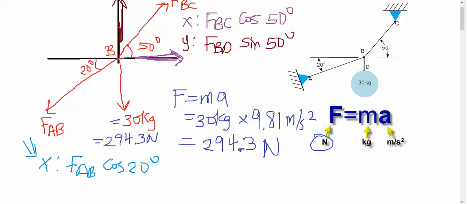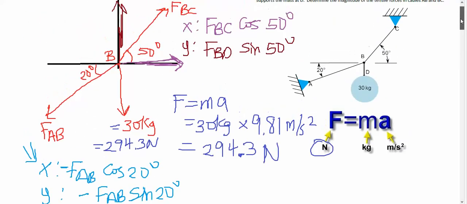But since this is going to the left, we have to add a negative right here. And also the y would be negative FAB sine of 20 degrees. Since this question is in equilibrium, we know our equilibrium equations. Sum of forces in the x direction has to be equal to 0, and sum of forces in the y direction has to be equal to 0 as well.